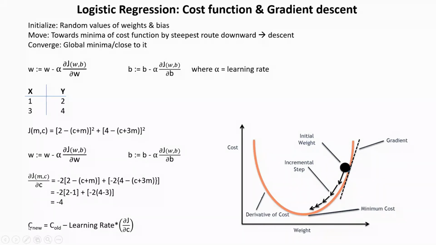Yeah, C is your bias. That's right. Here, when the bias value increases, the cost function value decreases. Exactly. You are confusing C with the cost function actually.